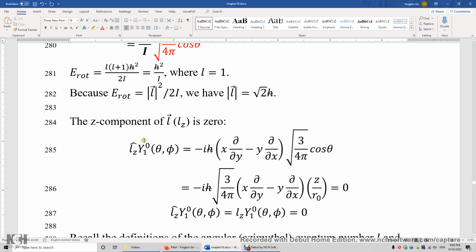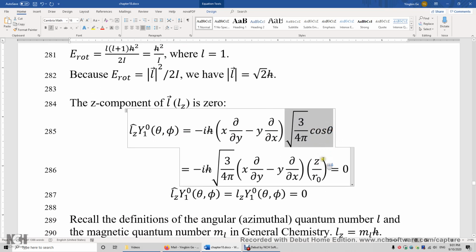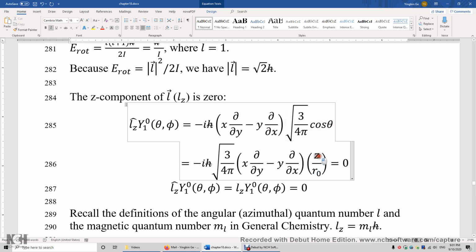We can also apply the z component of angular momentum to this wave function. It looks fairly complicated, but cosine theta is simply z over r naught. And now you can see z does not depend on x. Z does not depend on y.